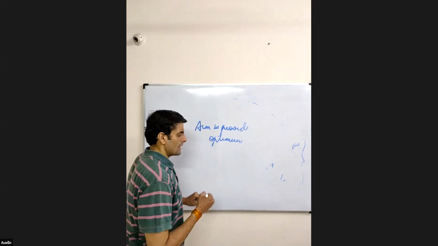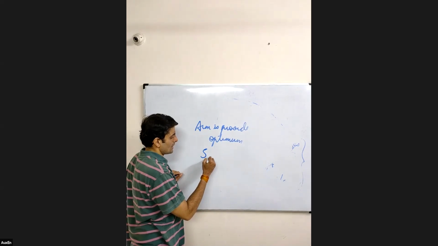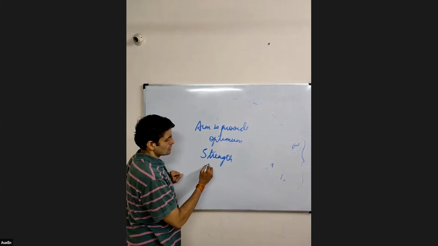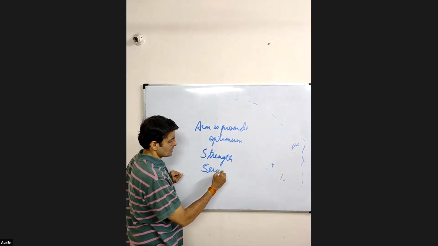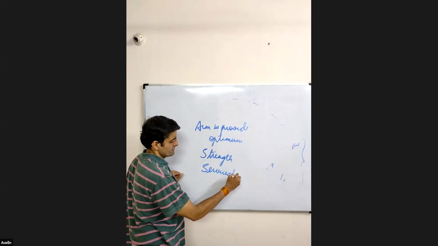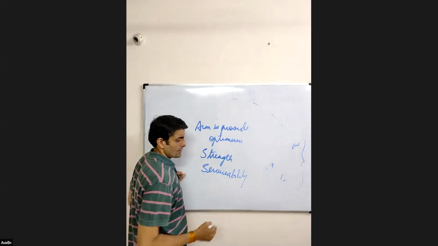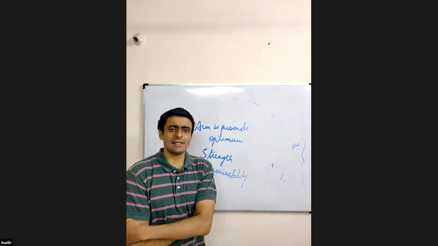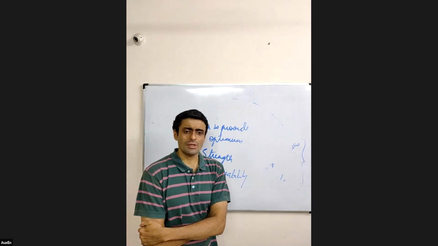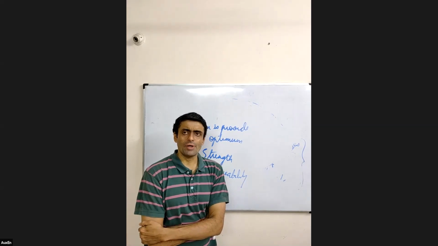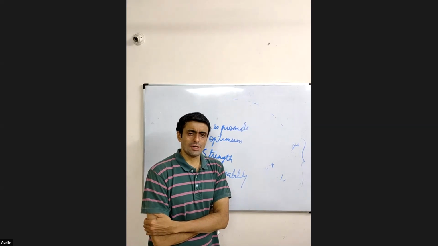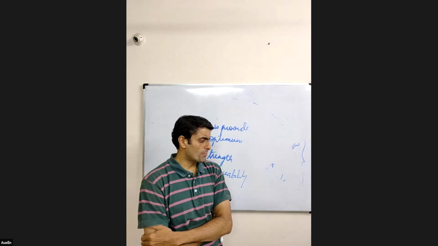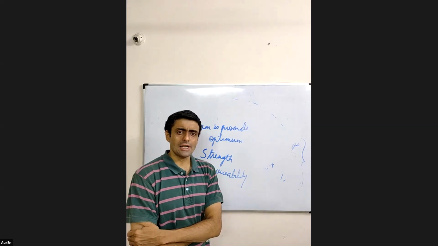All right, and in such a way that it is able to take the strength. So it is strong enough also, and it is serviceable also. Okay. So whenever we are designing, we have to design in such a way that it is an optimum solution, and in addition to being optimum, it exhibits proper strength, and it exhibits proper serviceability during the design life.